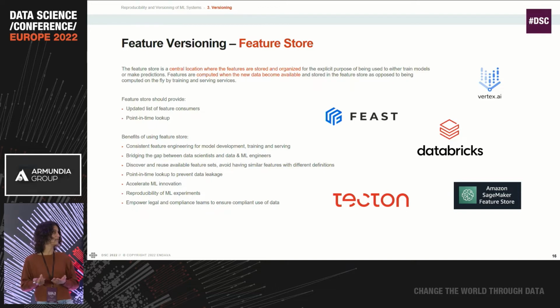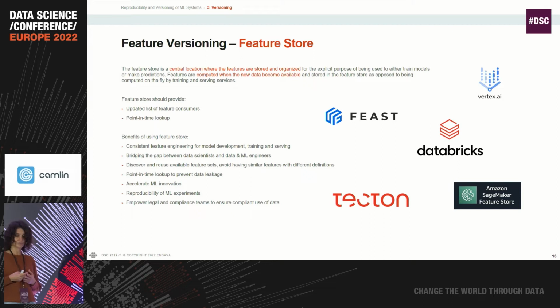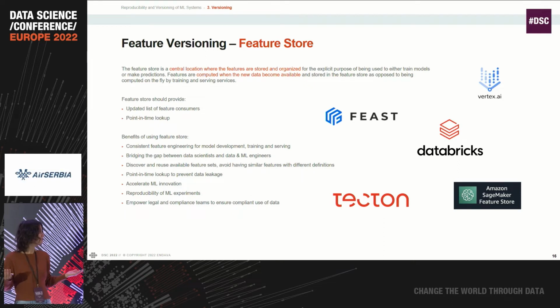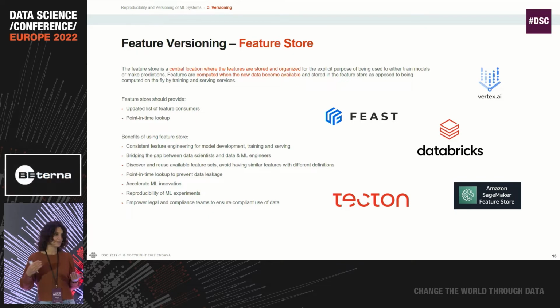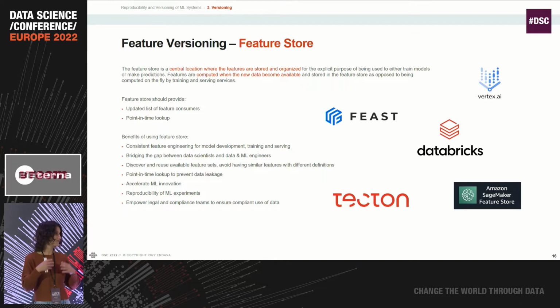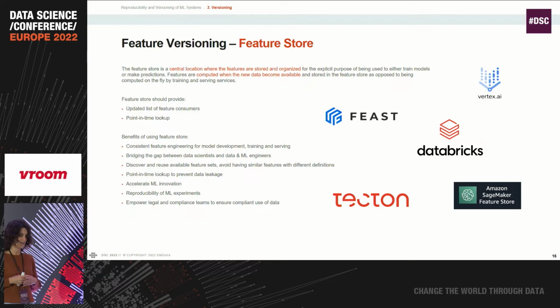So why can we argue that this approach is better? There are several benefits. For one thing, of course, consistent use of features during development in different pipelines. With this, we can ensure reproducibility because we grab the features from the same storage, from the same location, in all the pipelines.